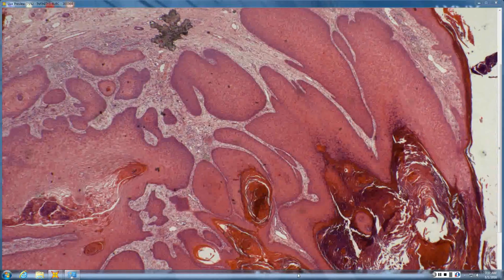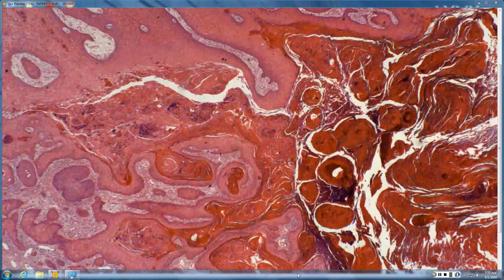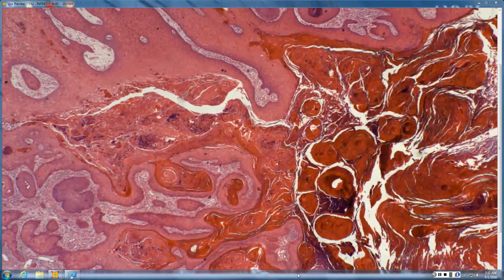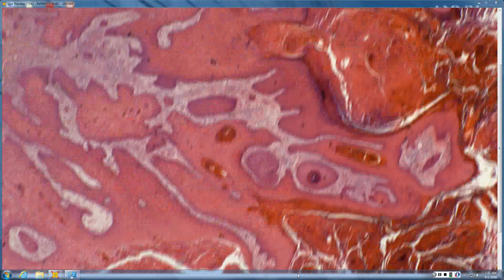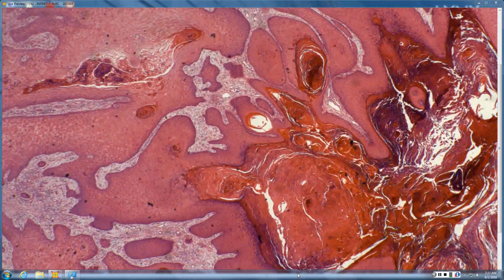I would call this a KA. Okay, so why keratoacanthoma? It has a nice, you can see underneath it, it's well defined, the buttresses are normal epithelium, there are some neutrophil abscesses in there, it's not acantholytic.